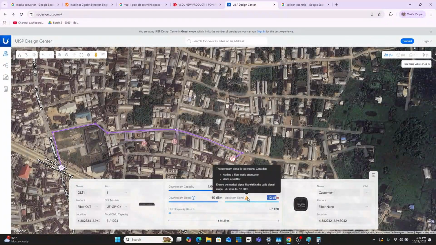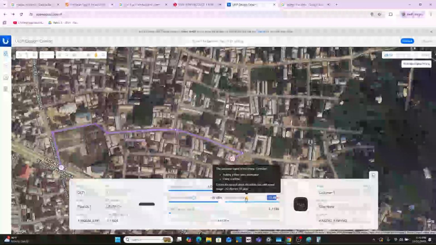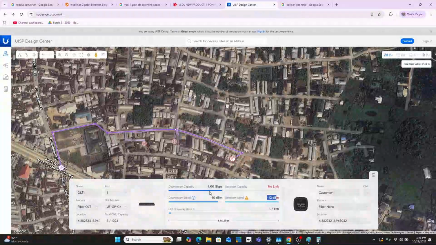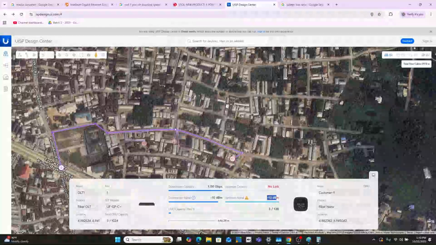Look at it. Ensure that the optical signal fits within the valid signal range, which is between 30 dB and 12 dB. So the receive sensitivity should not be greater than 12 dB. And based on this, the receive sensitivity is not yet greater than 12 dB. Isn't it?